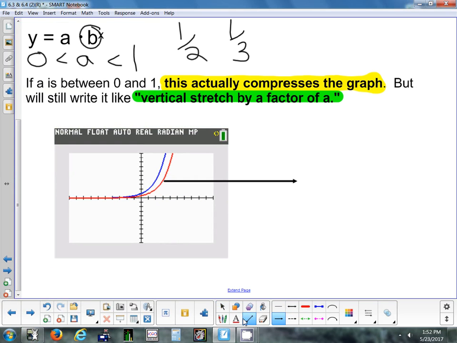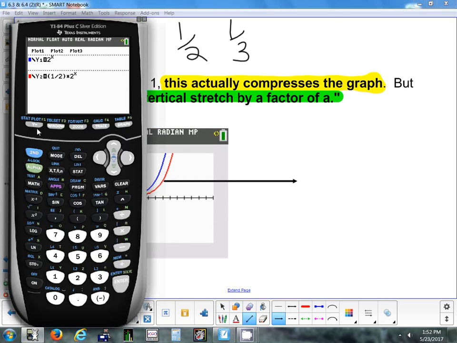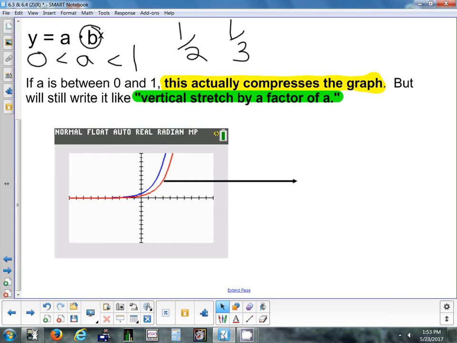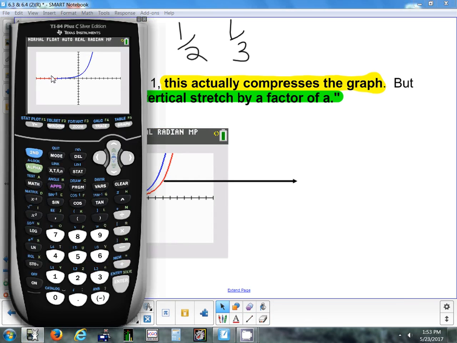We'll show you a little more when we do the examples. So Mr. Hager's graphing the blue, which is 2 to the x, and the red, which is 1/2 to the x. It's getting a little bit tighter together.